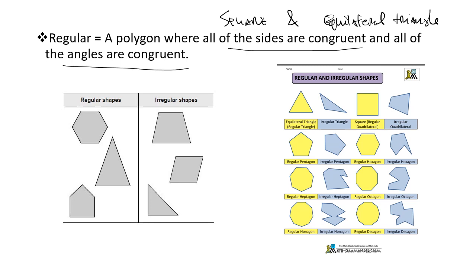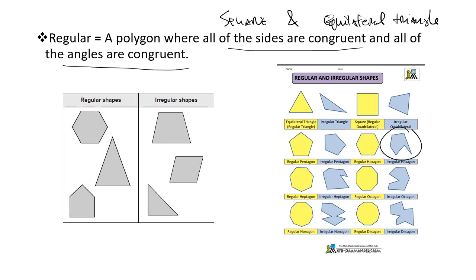This regular hexagon here, for example, has 6 sides. They're all the same length, and all the angles are meant to be the same as well. It contrasts to this, which is our irregular hexagon. We can count 1, 2, 3, 4, 5, 6. So it has 6 sides, so it is a hexagon.